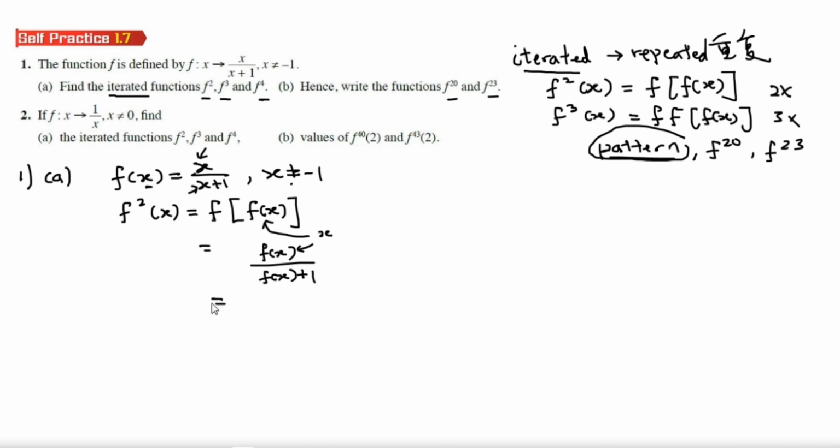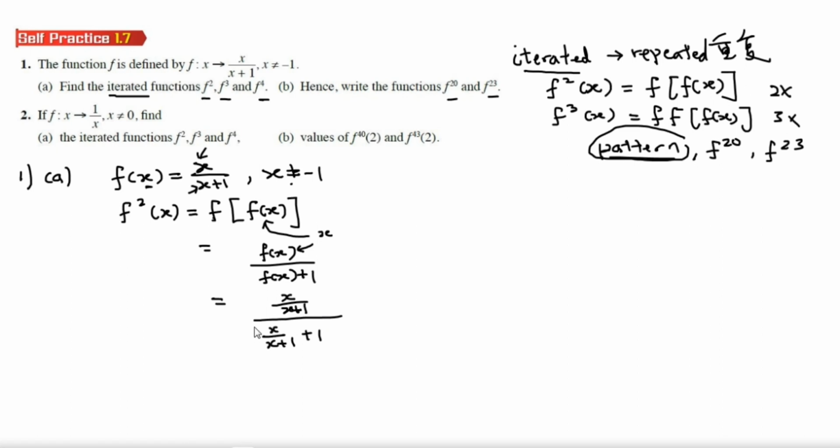And then what is f(x)? f(x) is x over x plus 1 divided by x over x plus 1 plus 1. So wow, this is a very complicated fraction. 这是看起来令人很害怕的一个 fraction. It's a scary fraction. So don't worry, we'll do step by step.